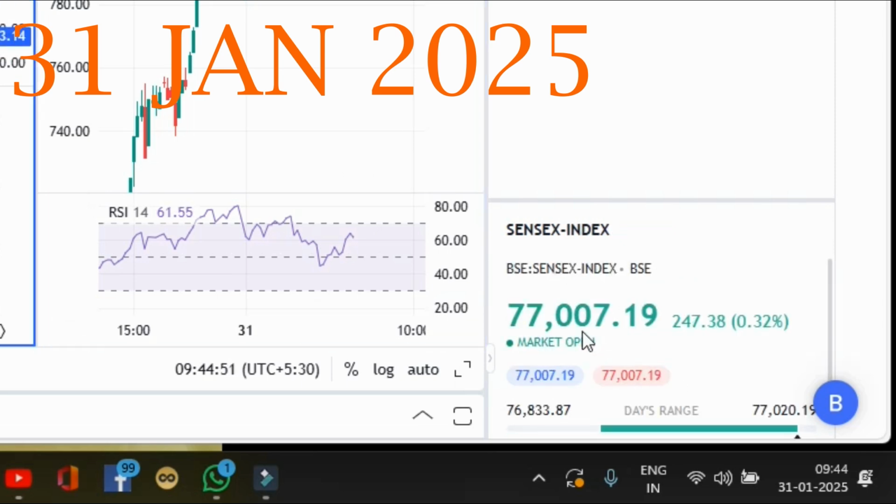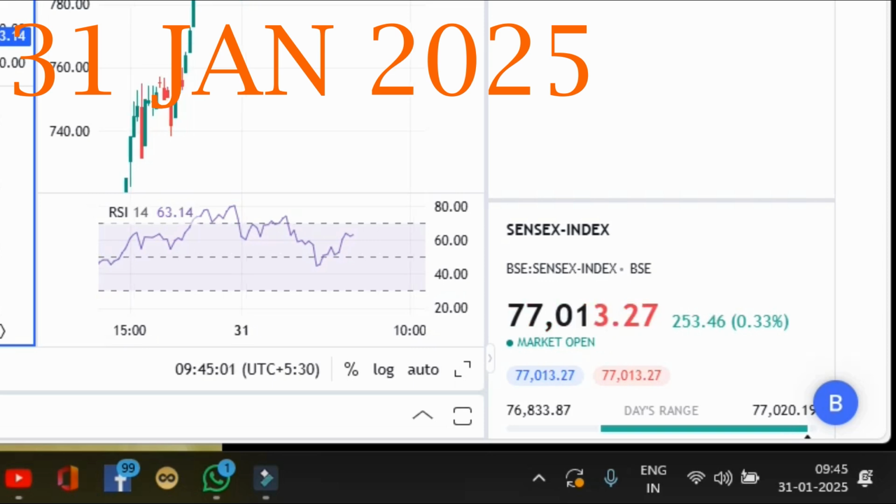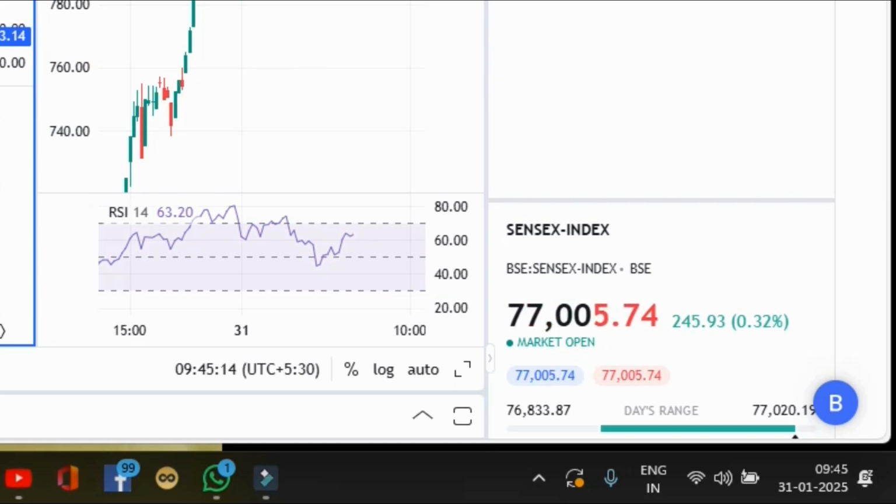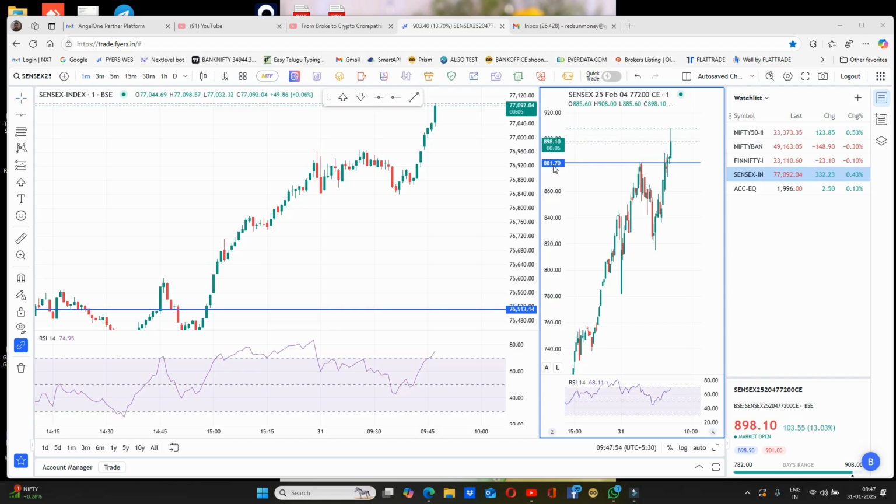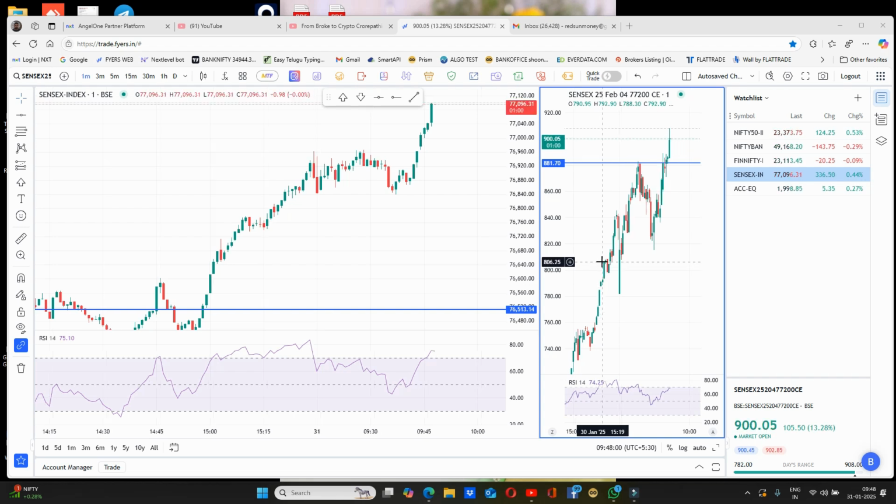See, it is trading at 77,000, as I predicted. 77,000 is likely to come, and see, it is the perfect plan for entries, and most probably we are likely to hit the targets with our strategy design. Okay, and see, now the same option is trading at 900, and Sensex has moved, right?